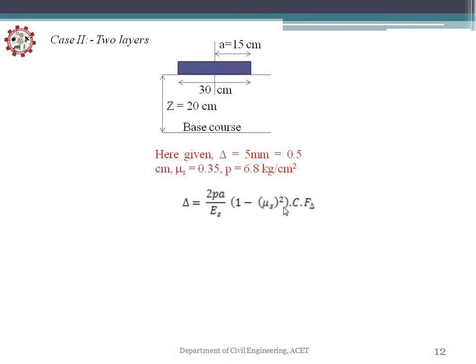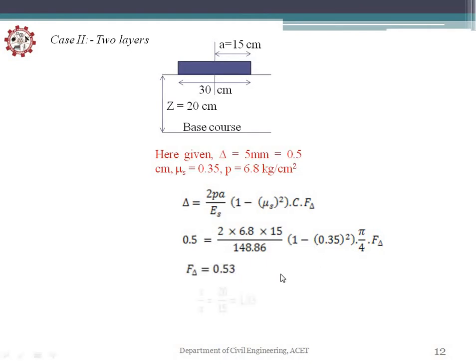So delta equals the formula 2 p a upon Es, 1 minus mu s square into C into F delta or F2, which is the deflection factor. So from here the deflection factor will be, in the second case also C you have to take pi by 4 into F delta, and from here F delta is coming to you as 0.53.